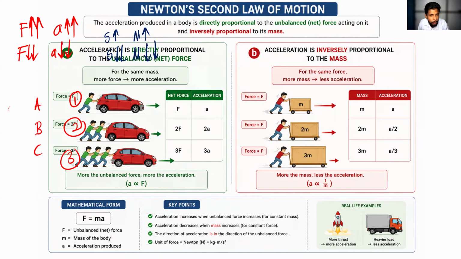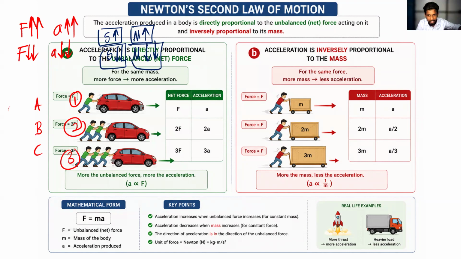So this is called directly proportional. Studying is directly proportional to marks. Why? Because when you are studying more and more, the marks also will be more and more. When you are studying less, the marks also will be less. When studying increases, marks also increase.